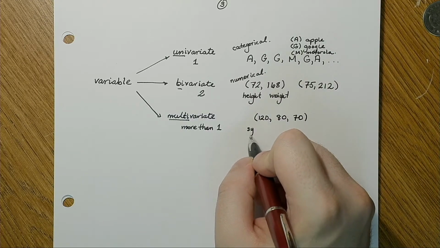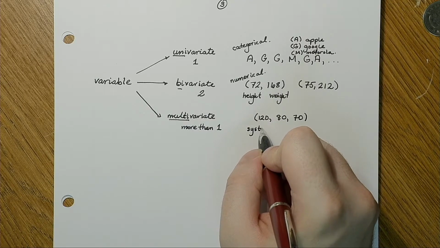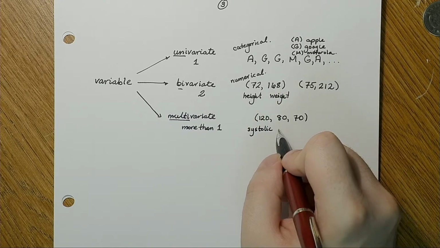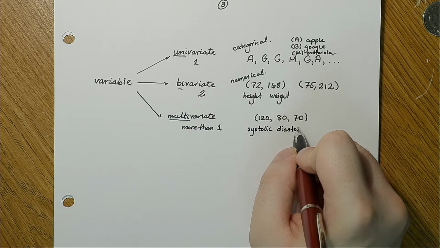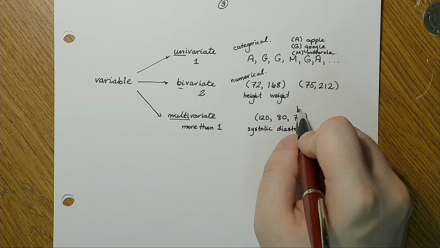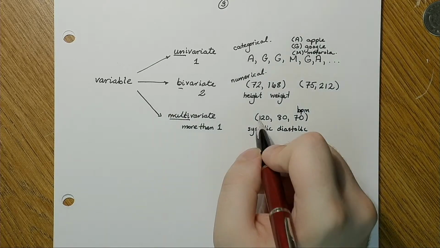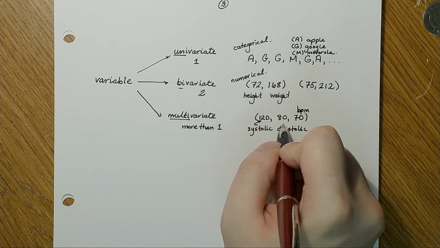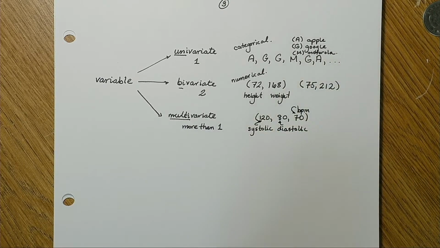Let's say this is the systolic. We can have the diastolic. And then the heart rate measured in beats per minute.